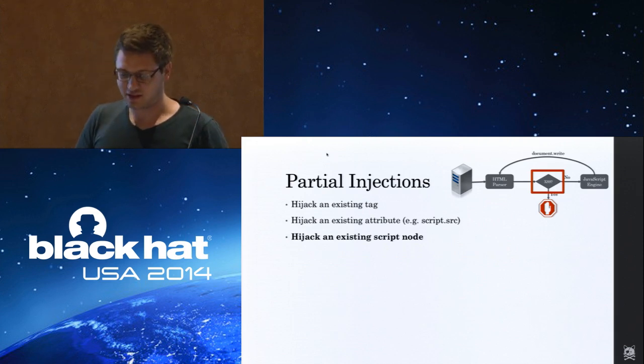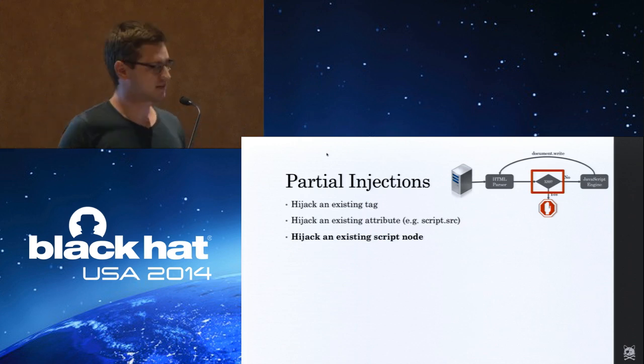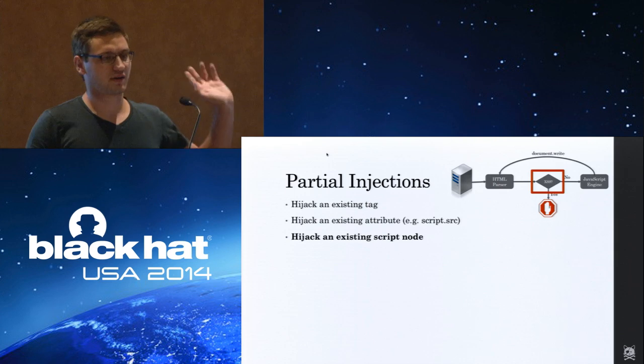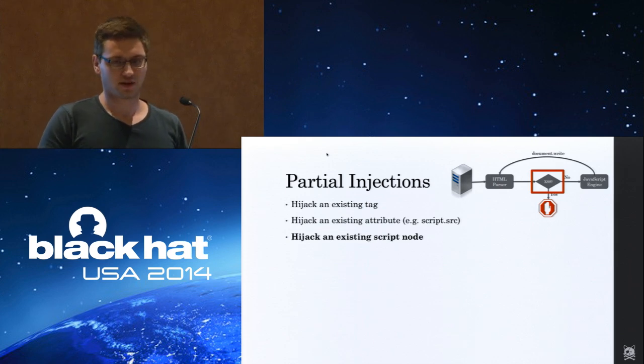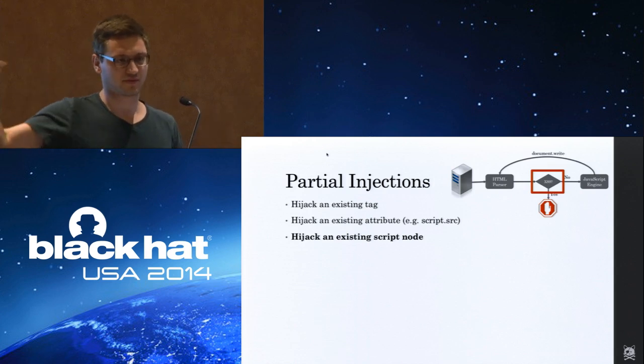We like to call these partial injections. For example, you can hijack an existing tag or an existing attribute. Think about a script source where there's an assignment: you have a document.write saying script src, and then comes the user input. This is the partial injection.